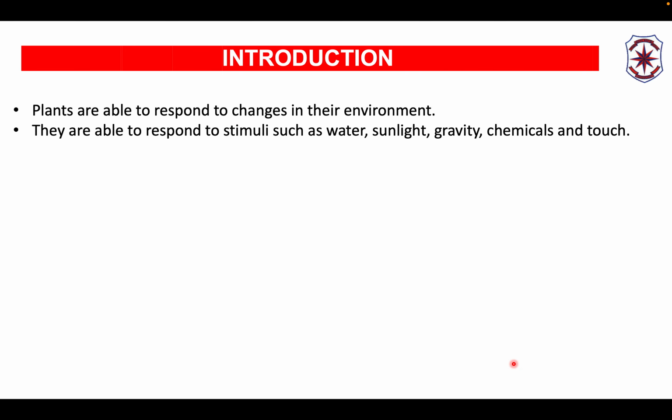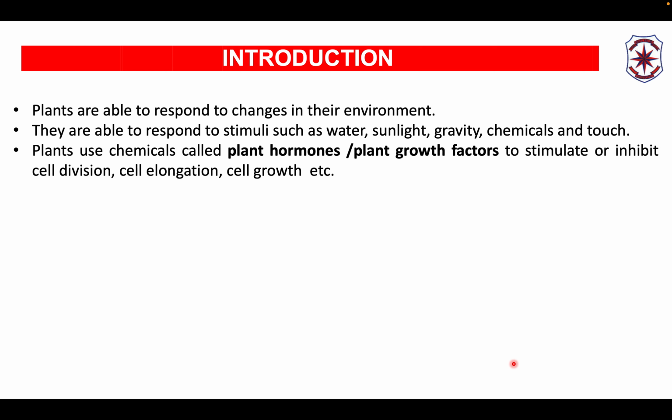And because plants do not have a nervous system like you and I, they don't have a brain, they don't have eyes, they don't have neurons that pass messages from one part of the body to the next part of the body. They rather use a chemical way to elicit certain growths or certain movements in order for them to respond to the environment.